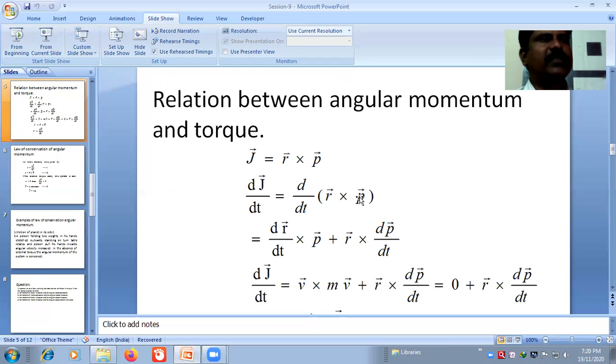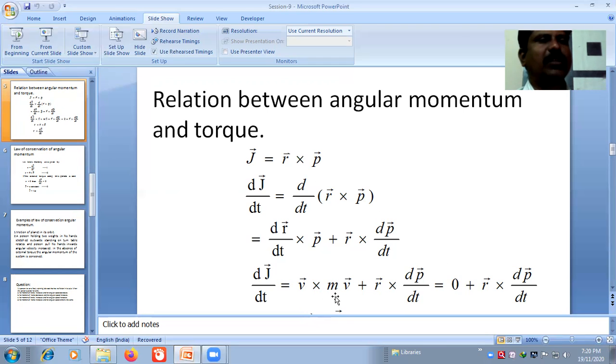When you differentiate this with respect to t, we get dJ by dt equals d by dt of r cross p. Now by using the u into v method, it becomes dr by dt cross p plus r cross dp by dt. But dr by dt is nothing but velocity, the change in displacement with respect to time is called velocity.